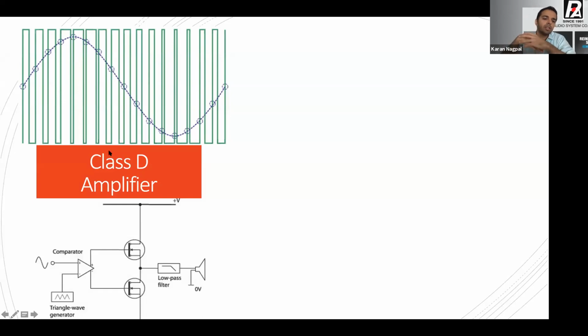It's a triangular wave generator, but the width of the wave is basically called a duty cycle. To signify the magnitude, it is increasing and decreasing the width. So that's why it's called PWM, pulse width modulation. These triangles are a kind of pulses coming to your input.